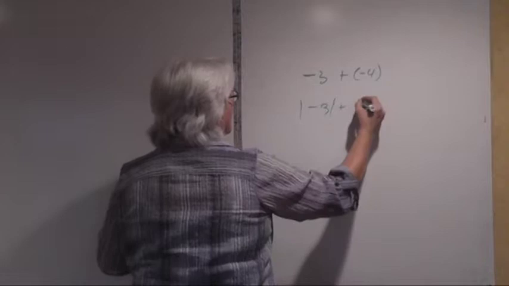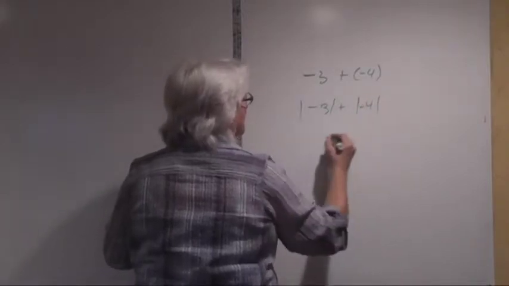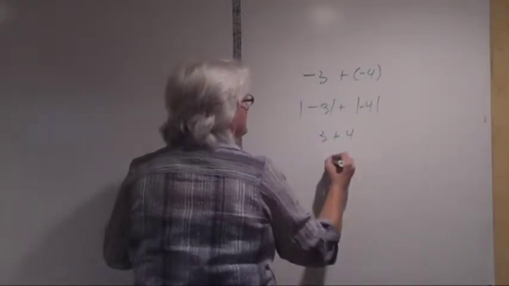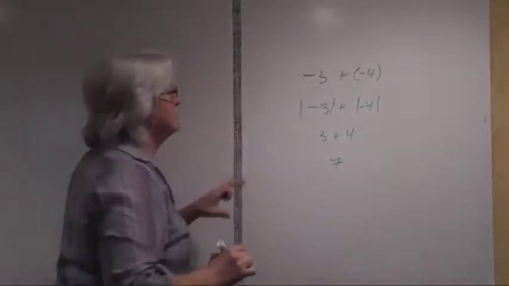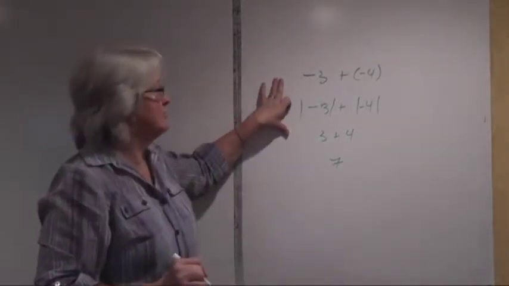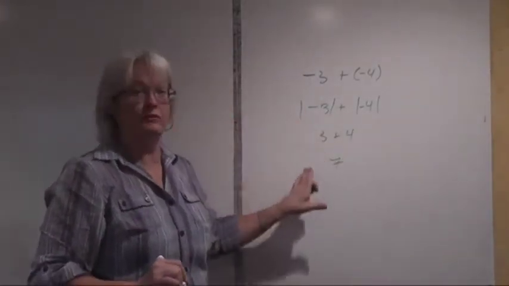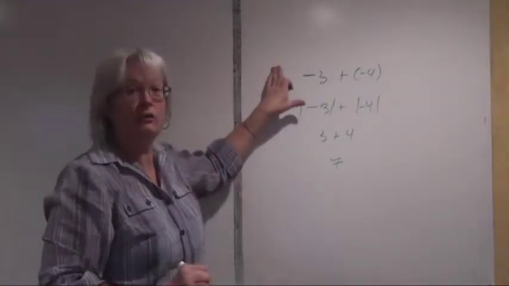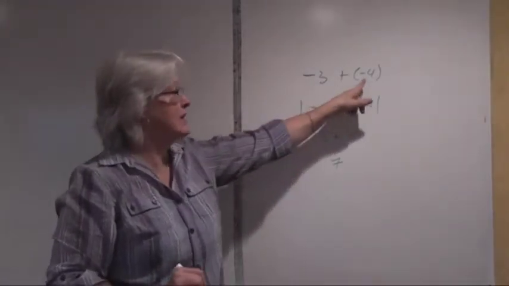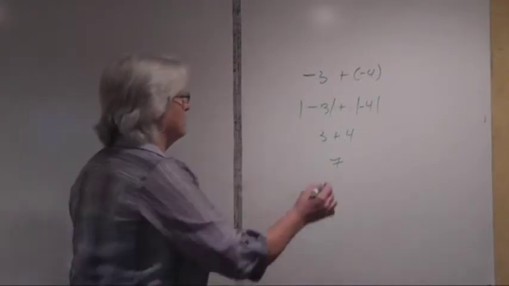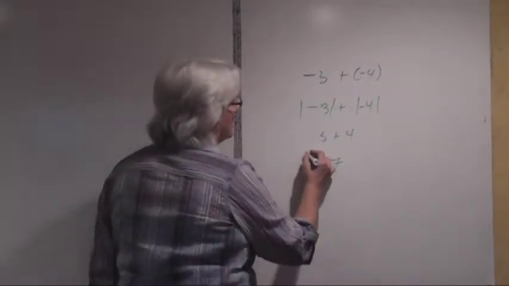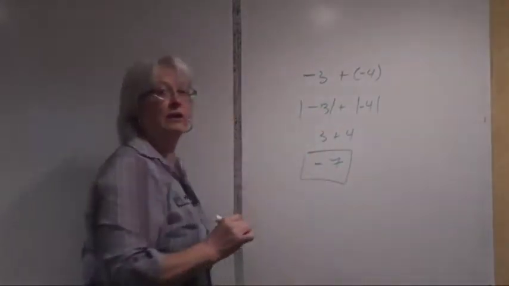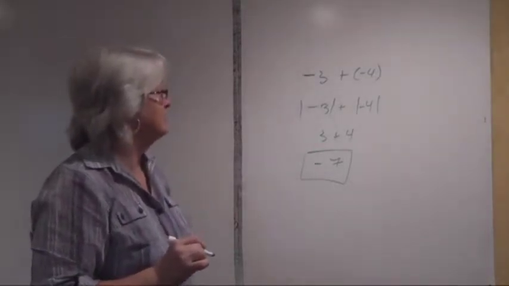The absolute value of -3 plus the absolute value of -4 is 3 plus 4, and their sum is 7. The second part says go back to the problem, look at the sign of the addends, and use that sign. -3 plus -4 is -7.